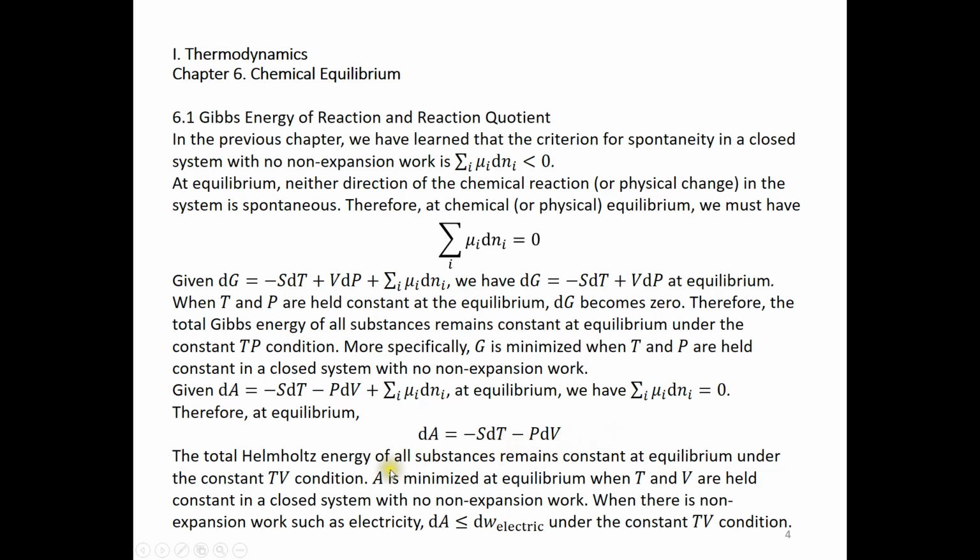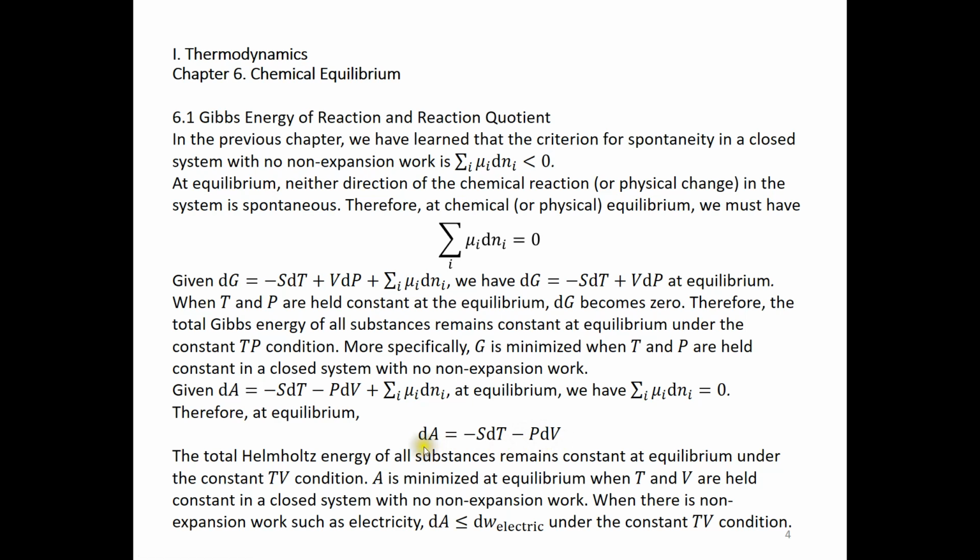The total Helmholtz energy of all substances in the system should remain constant at equilibrium under the constant temperature and volume condition. We can just look at this equation. When temperature and volume are constant, dT is 0, dV is 0, therefore dA is 0.